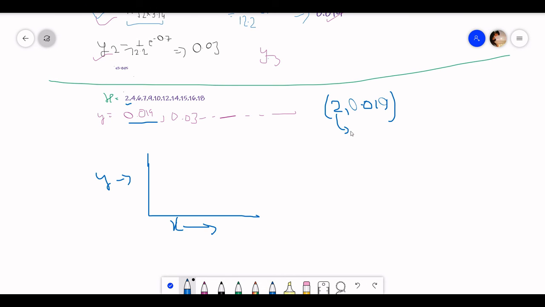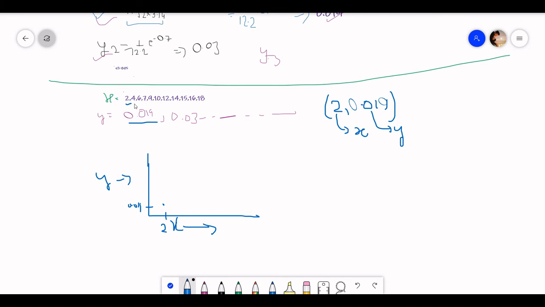It is our x and it is our y. If I plot this value, let's say I have 2 over here and 0.019 something over here, our point will be this.